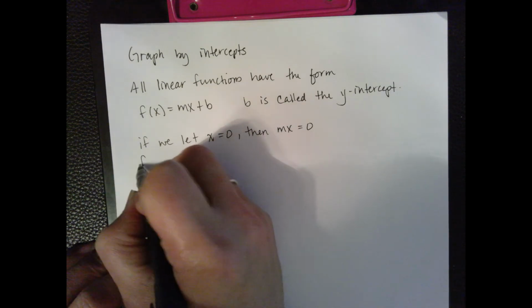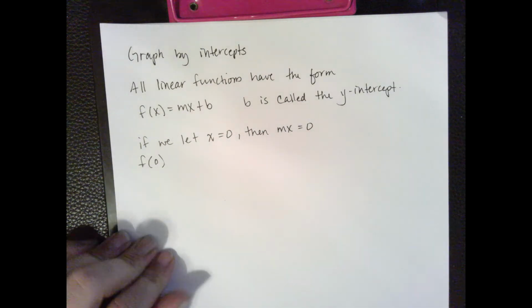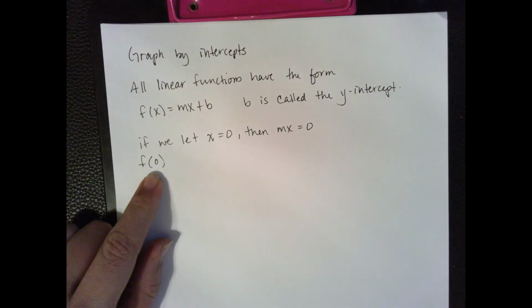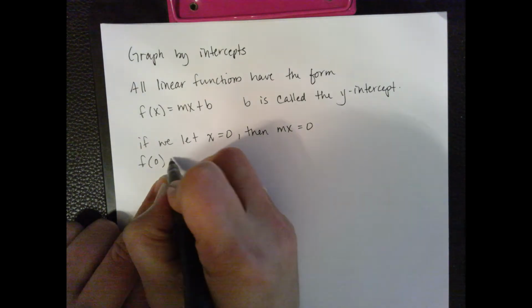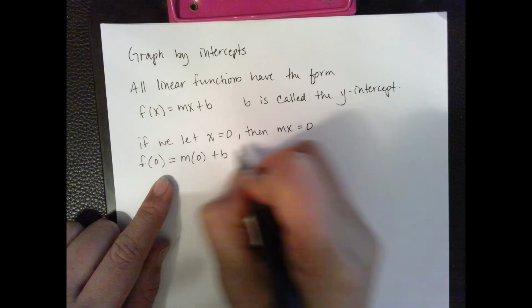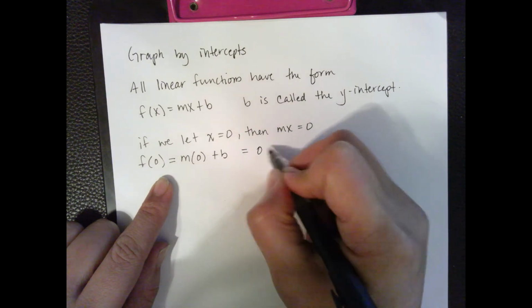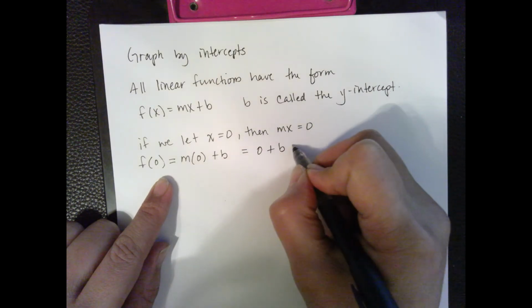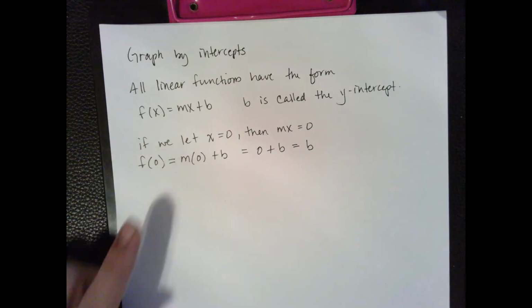So in function notation, if we let f(x) be 0, we plug in 0 for x. So we have m times 0 plus b. That is the same as 0 plus b, which is the same as b.